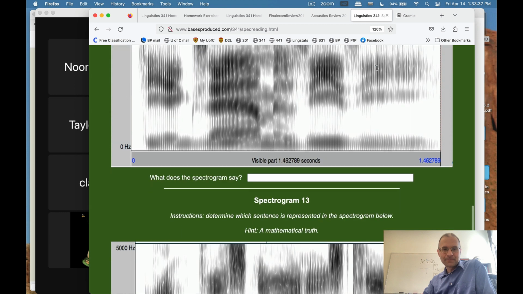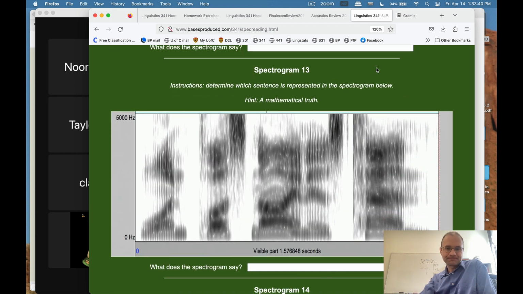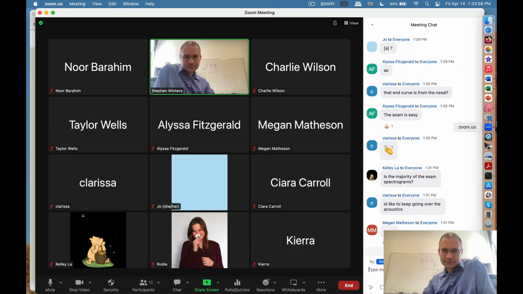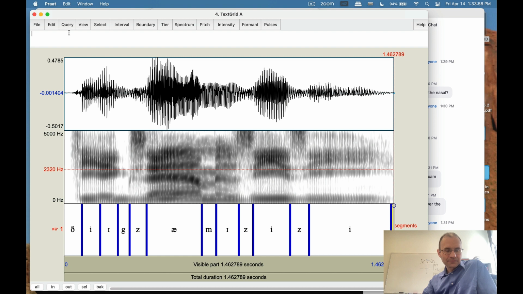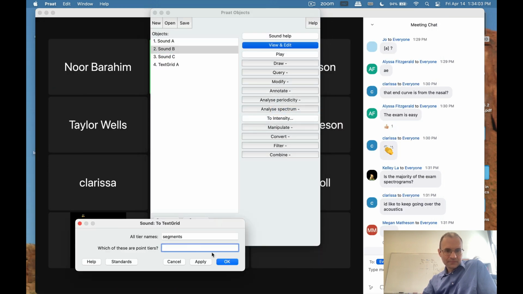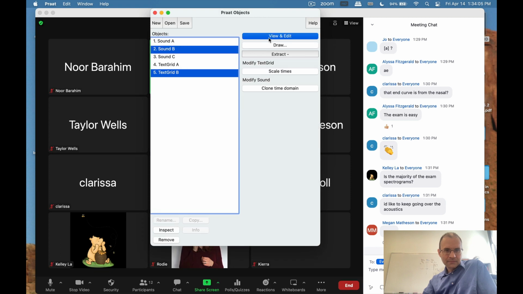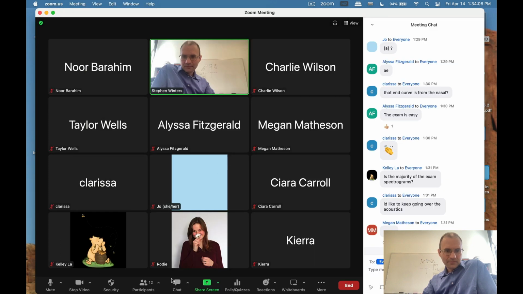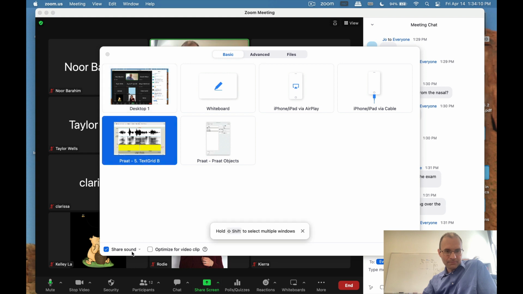Okay, let me load up another one. Okay, I've got spectrogram B here.